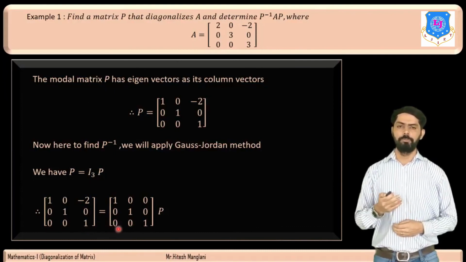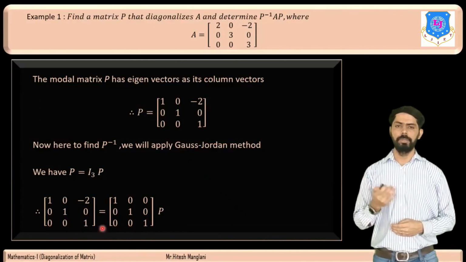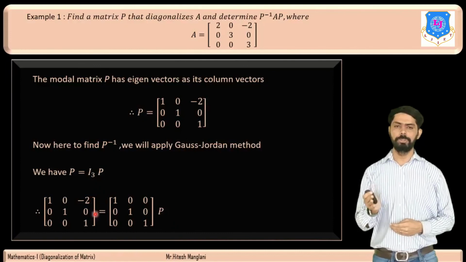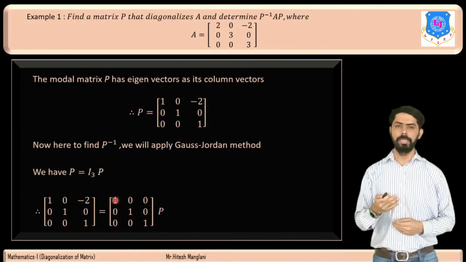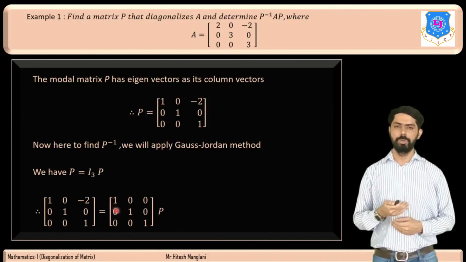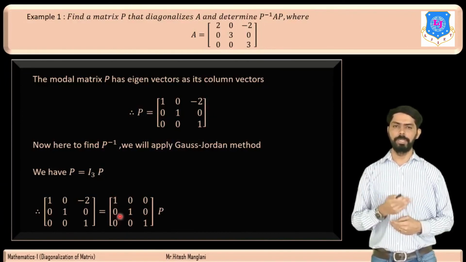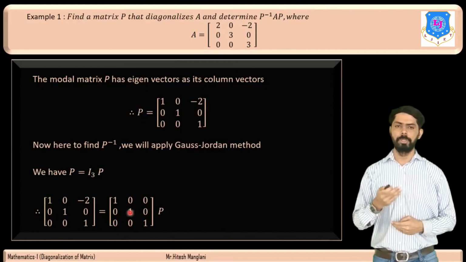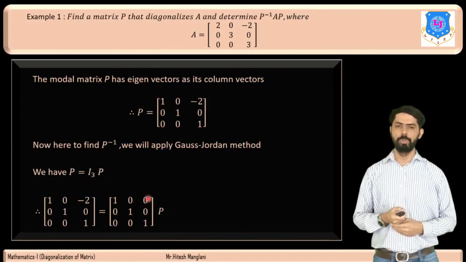So if we use this row operation, then the matrix on the left hand side will be [1 0 0; 0 1 0; 0 0 1], and if we use this row operation on the right hand side, then if you look at the first row, 1 plus 0 will be 1, then 0 plus 0 will be 0, then 0 plus 2 will be 2.